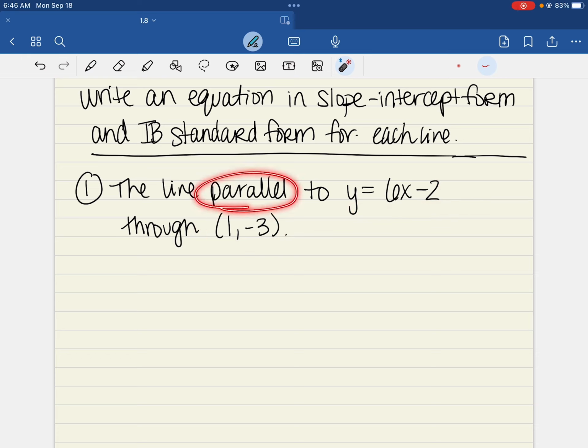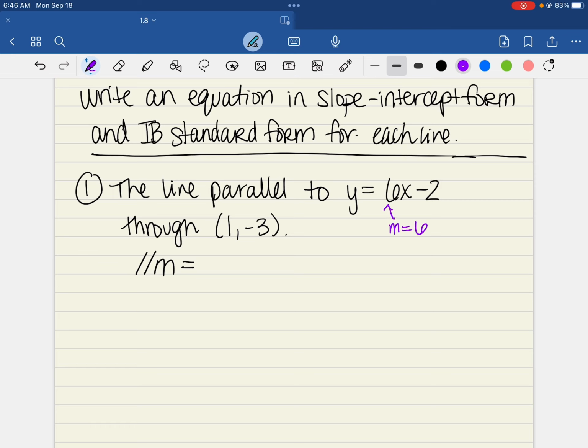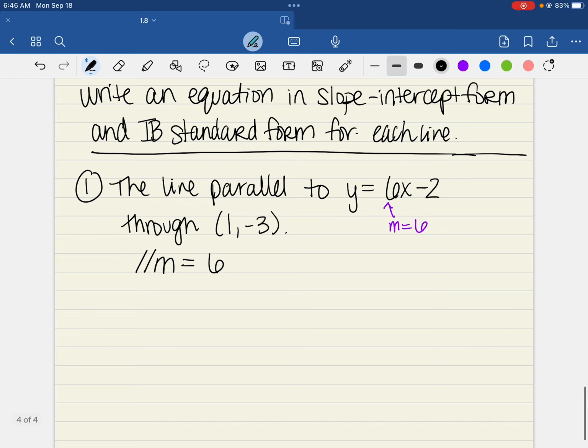Well, we also need to consider parallel. Let's remind ourselves what it means to be parallel. If we have parallel slope, that means we have the same slope. Well, the slope from this scenario that we're provided is 6. So if we have a parallel slope, that means my parallel slope would also be 6. Okay. And again, we also know the point it's going through, 1, negative 3.